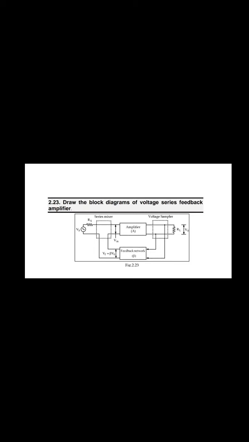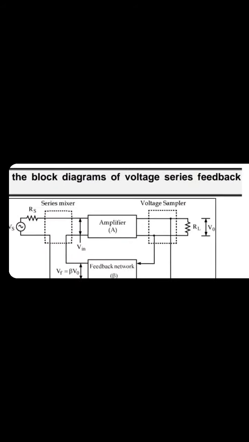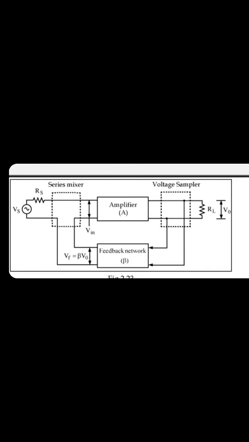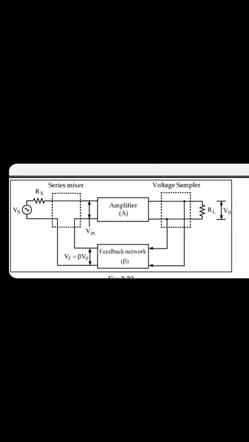The first term shows the sampling network, and the second term shows the mixing network. For voltage, we take the sample in parallel, across the output, and give it back to the input through the feedback network beta.